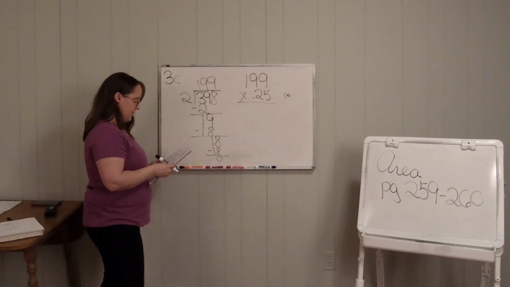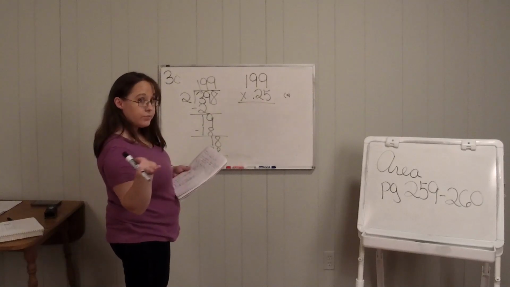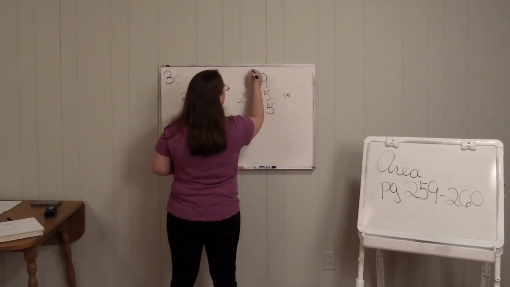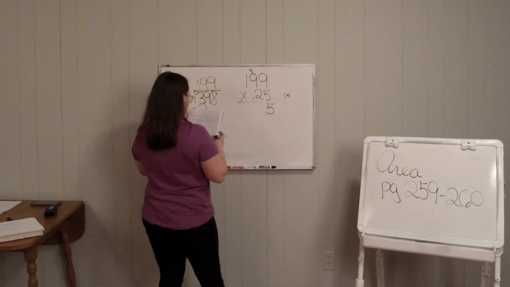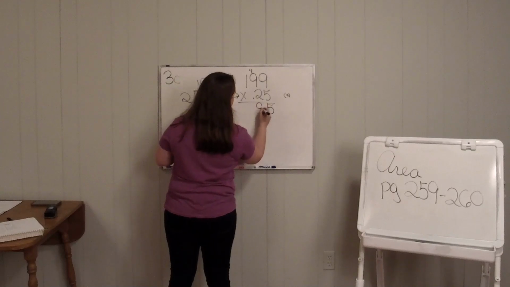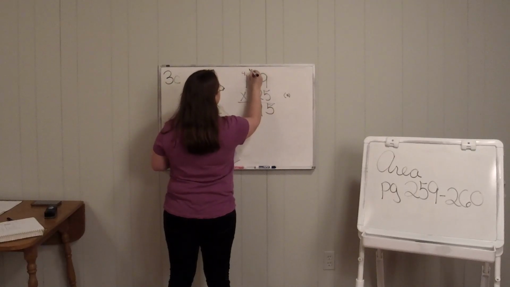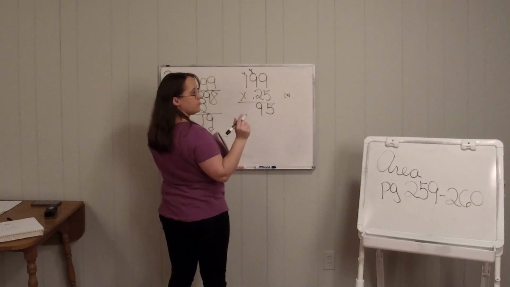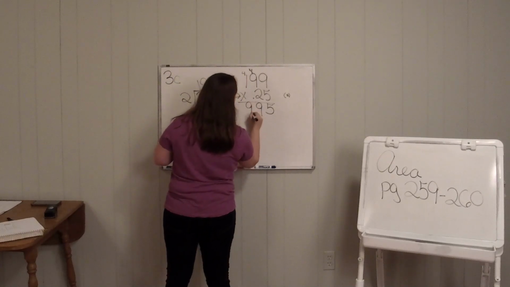Okay, let's do it together. What's 9 times 5? 45. 9 times 5 is 45, plus 4 makes 49. 5 times 1 is 5, plus 4 more is, I can already hear some of you saying 9.